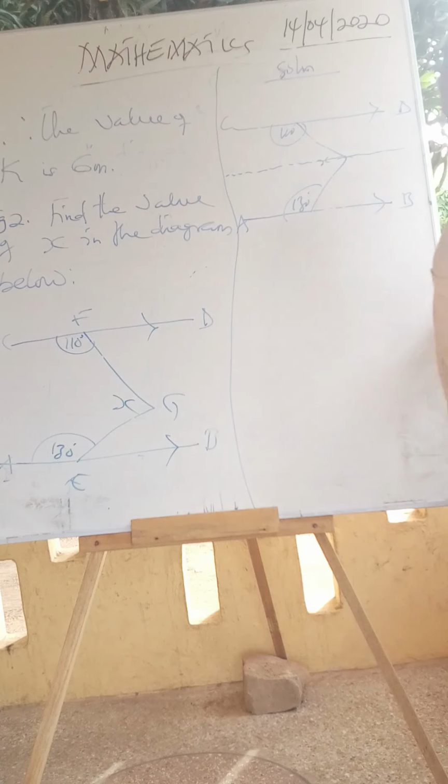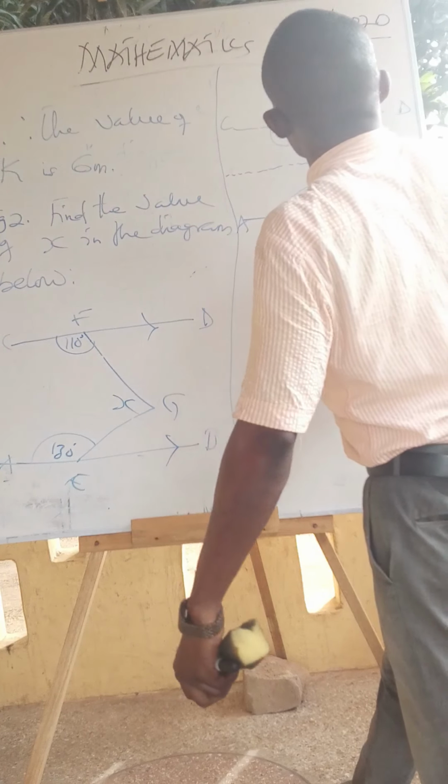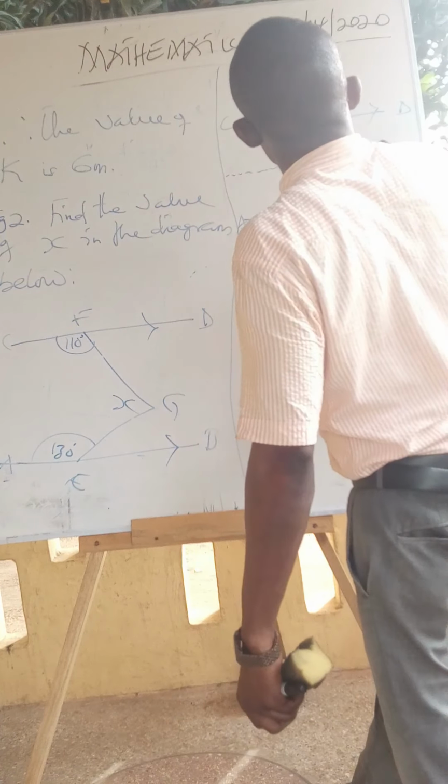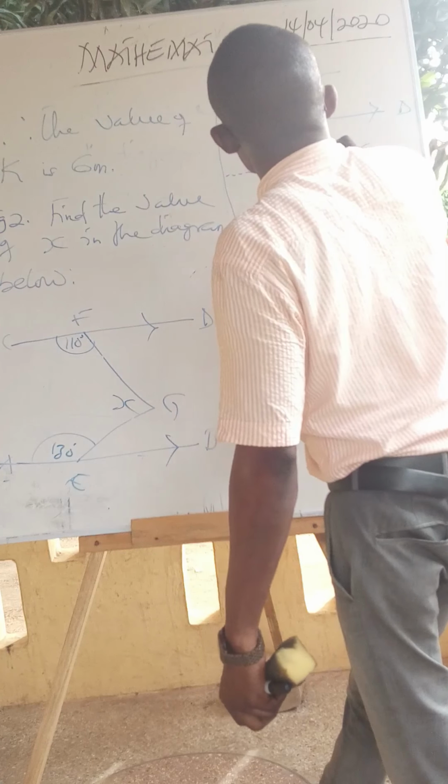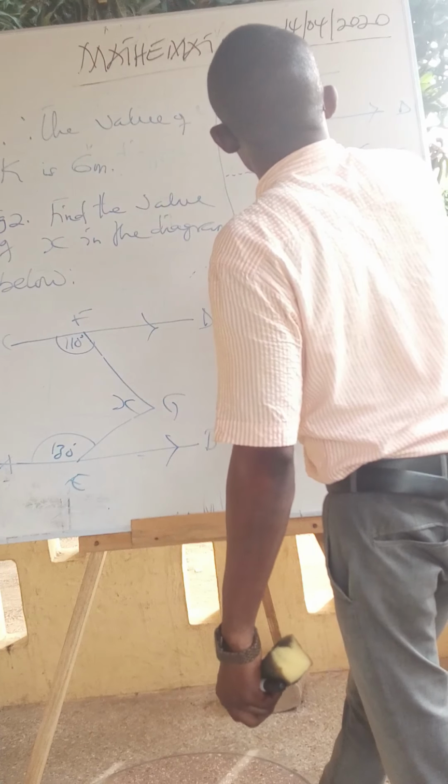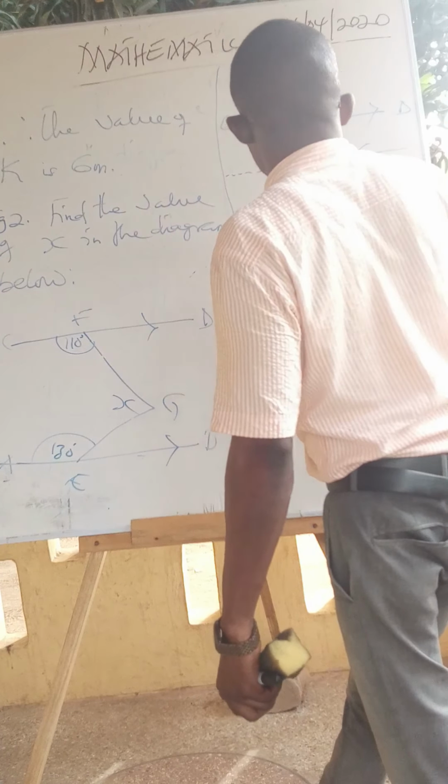So we draw a broken line to pass through the vertex of this very line. Is it transversal or whatever? Draw a broken line. So here is G. When you draw the broken line, you put x1, x2 here. You have to indicate why you are putting x1, x2 there.